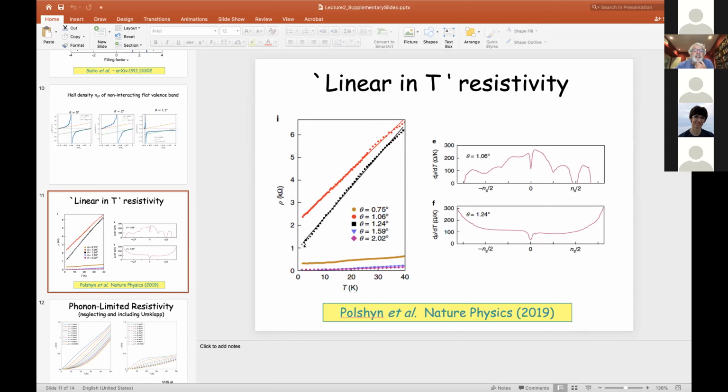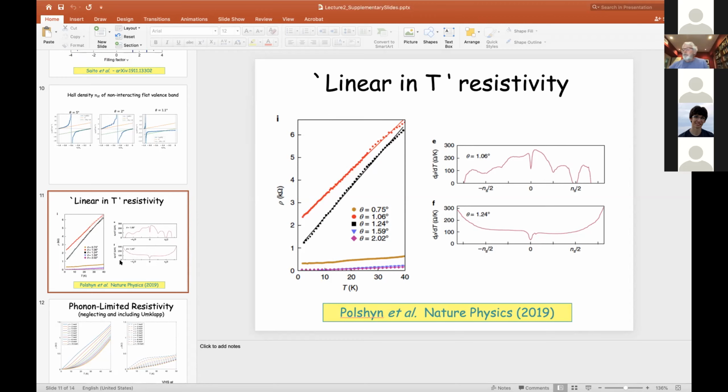At the magic angle, you see, just like in cuprates, a large linear in T resistivity. And this large linear in T resistivity occurs over a very broad range of band filling and over a range of twist angles near the magic angle. So it's a very generic phenomenon.